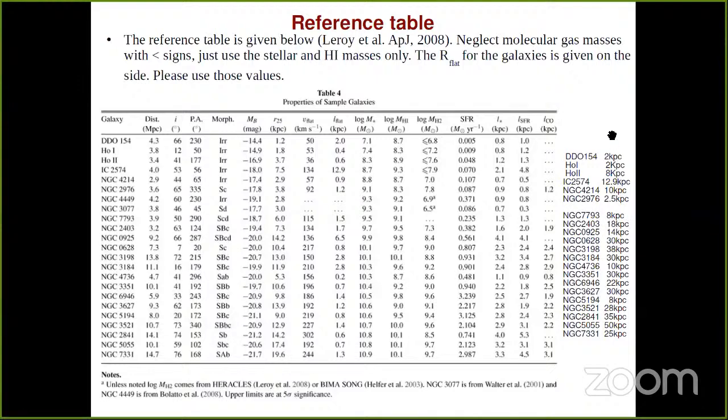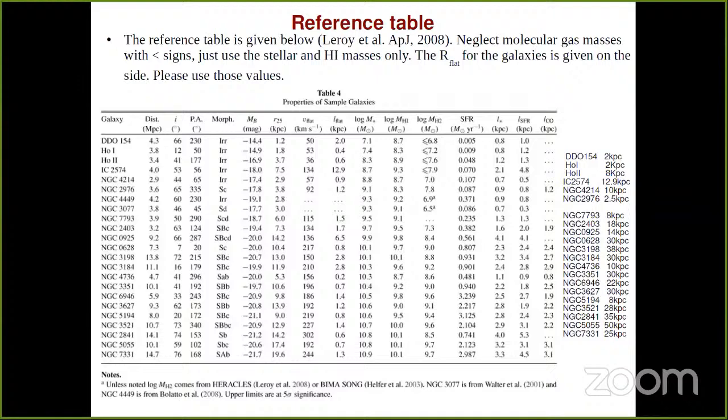Please take all the radius values from the column here in kiloparsecs, take the velocity from this column here, the neutral hydrogen mass, and then the molecular hydrogen mass. Remember, these quantities, stellar mass and the gas masses, are all in units of log to the base 10.